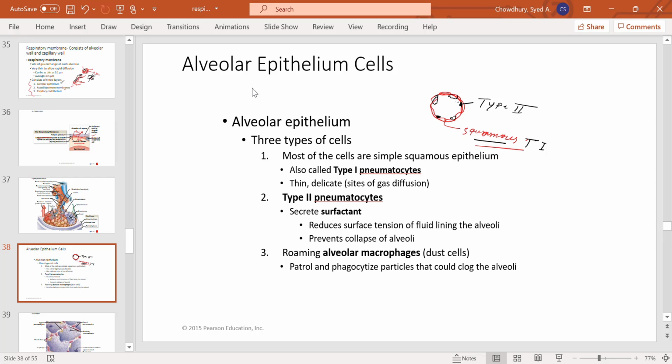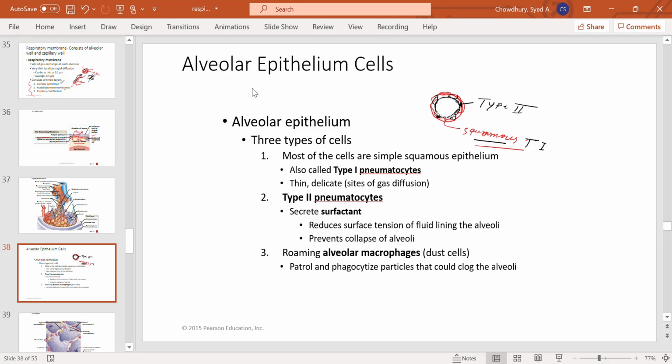Remember that surfactant secreting cells are very important because they secrete a fluid that is called the surfactant, and that actually lines the inner surface of the alveolus and helps to keep the alveolus open, prevents collapse of the alveolus.